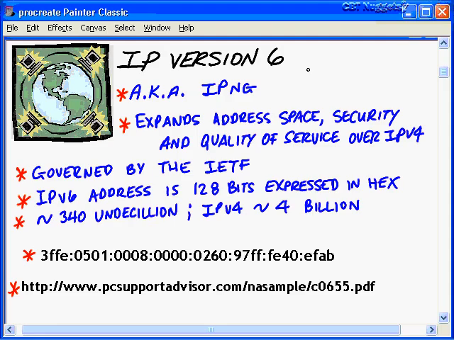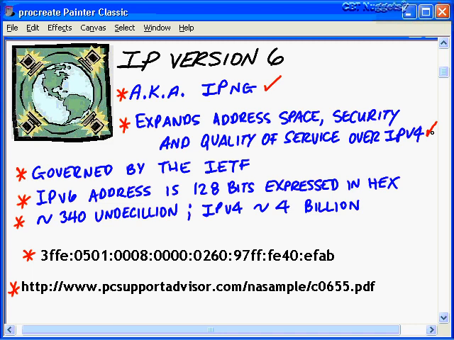Before we leave this nugget, I've got to tell you that the future is here. IP version 6 is already being put in place to replace IP version 4. IP version 6, also known as IPng for IP Next Generation. It greatly expands the address space. It enhances the security of your IP addressing, and it improves quality of service over IP version 4.